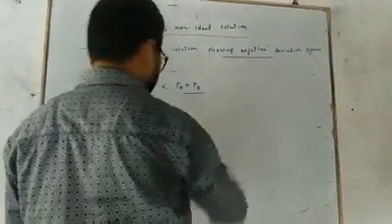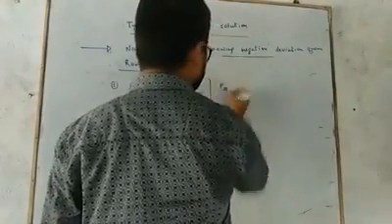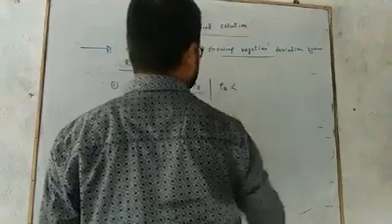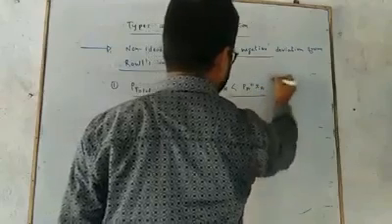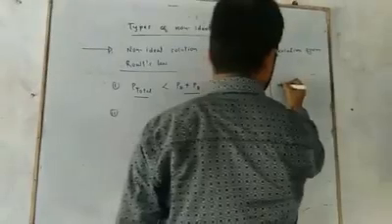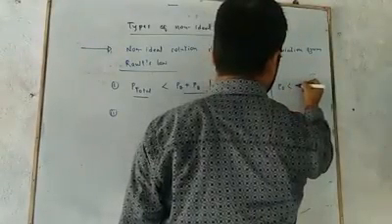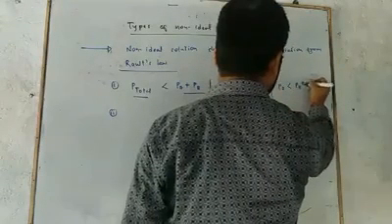Not only this, we can also say PA is less than PA0 XA, and PB is less than PB0 XB.